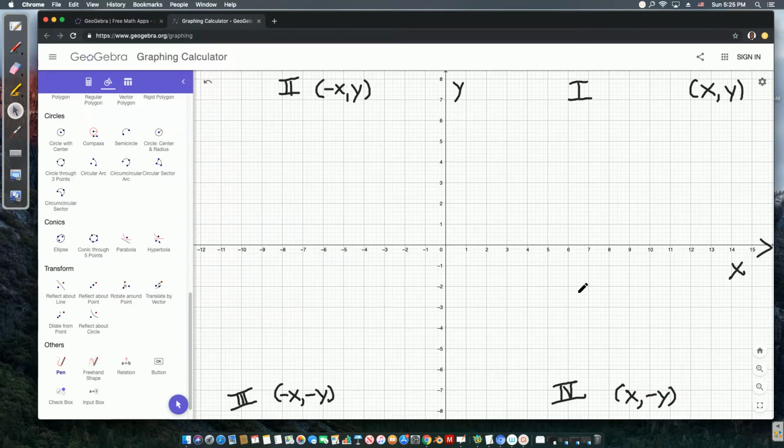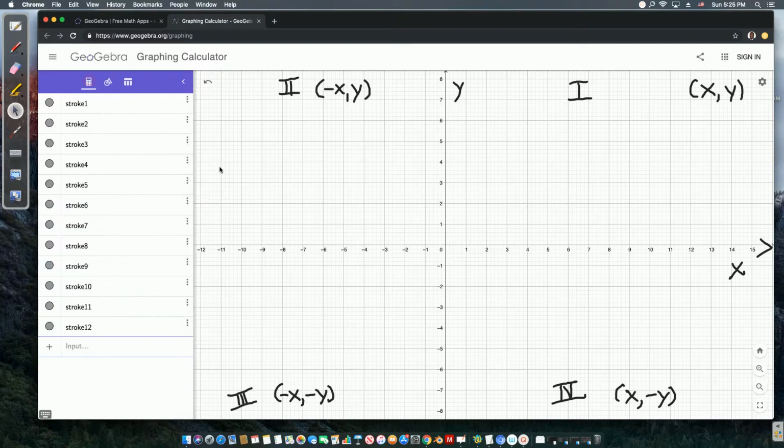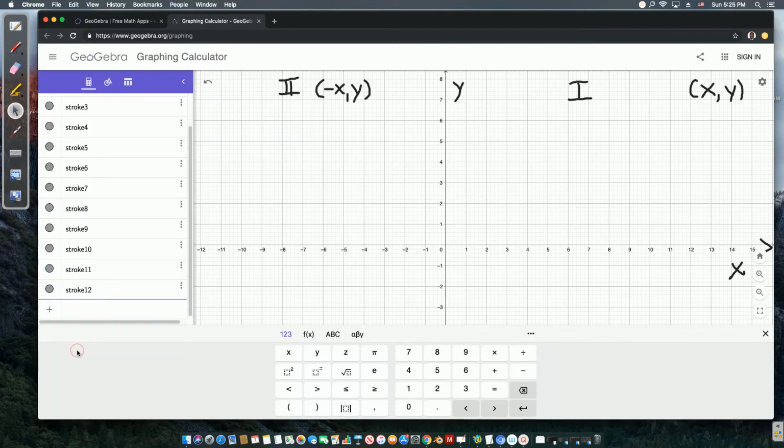All right, so let's plot a few points and let's see what happens. Let's first start off with the origin. Let's use A and look at the origin.